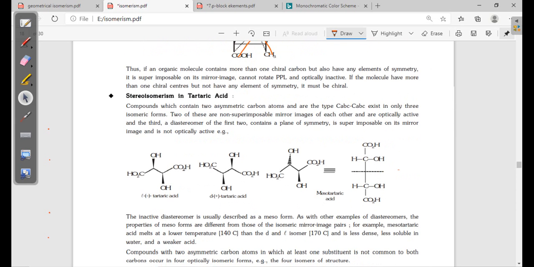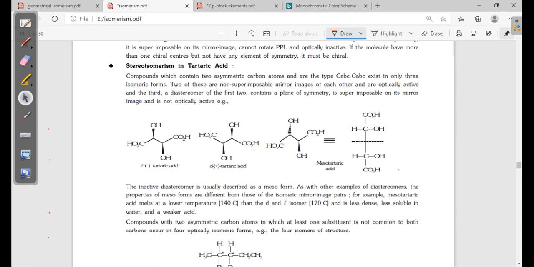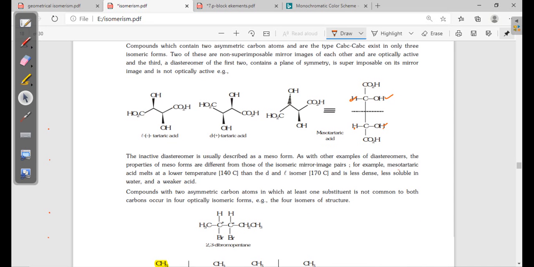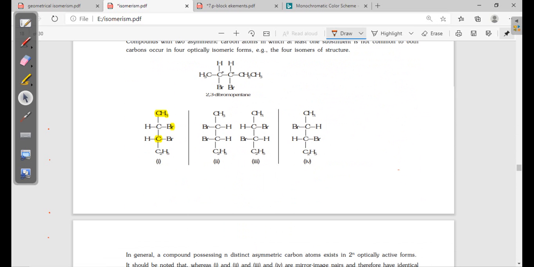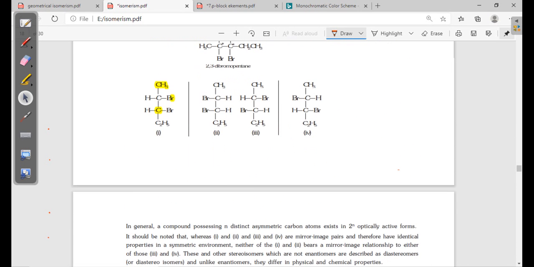So next, you can see here, this is the molecule, stereoisomerism in tartaric acid. So OH, OH, H, H, plane of symmetry is there, so optically inactive. Okay. Now see here, two bromines, methyl, ethyl, two bromines are there.